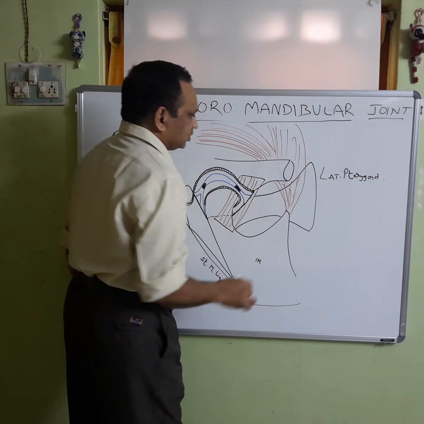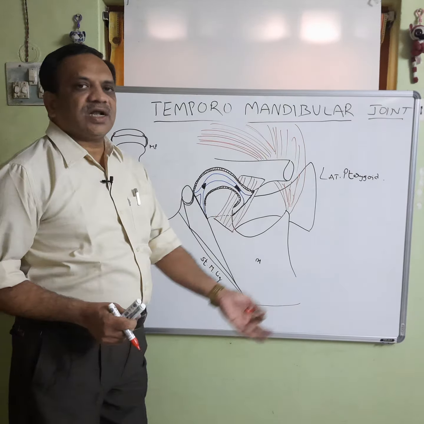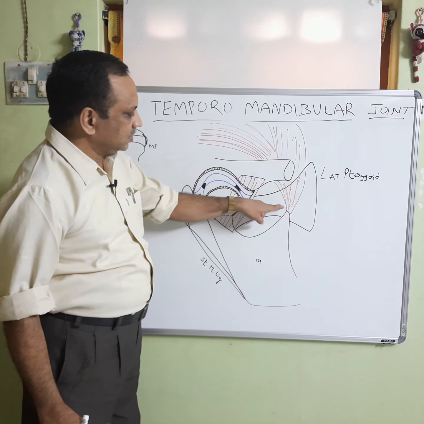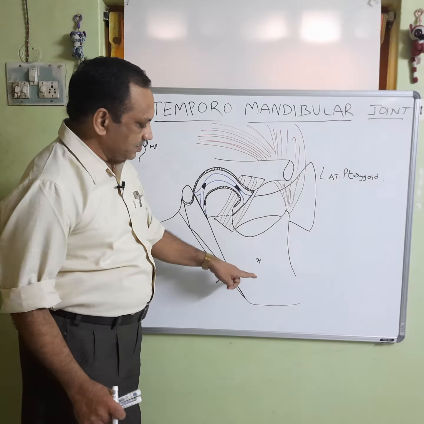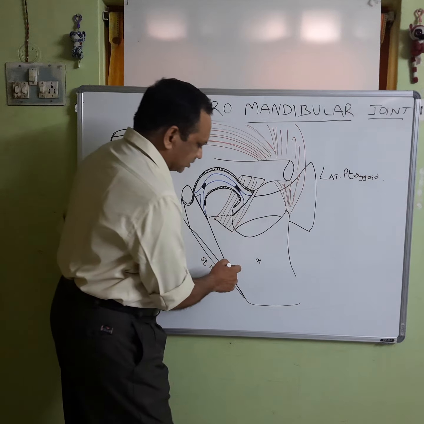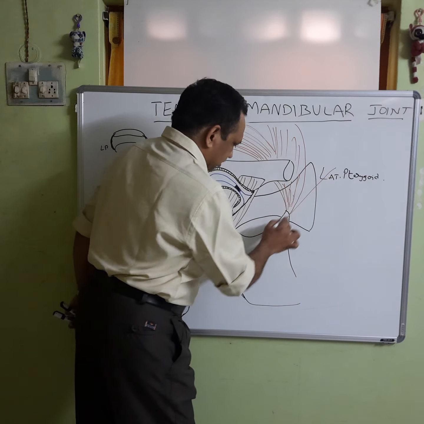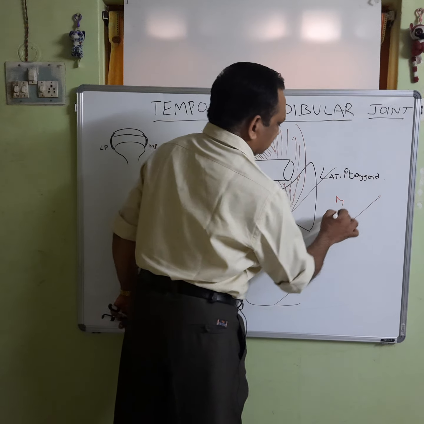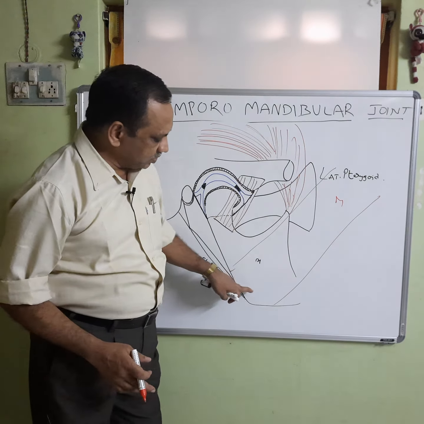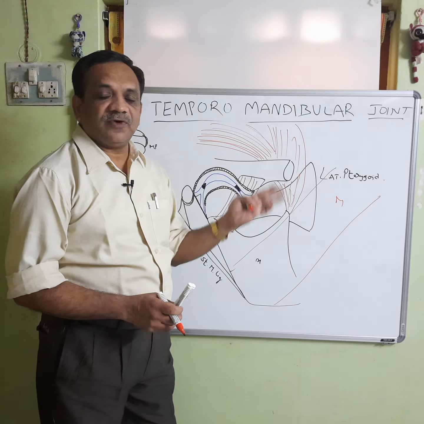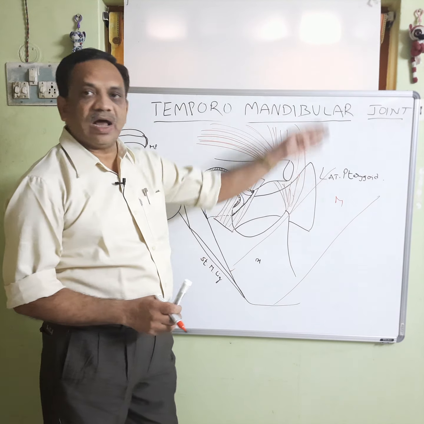So, the closure of the mouth is done by the contraction of this temporalis muscle and the masseter muscle, which is attached from this part to the anterior part of the zygomatic bone. So, this is the masseter. This masseter muscle pulls the mandible up, especially the deep fibers.